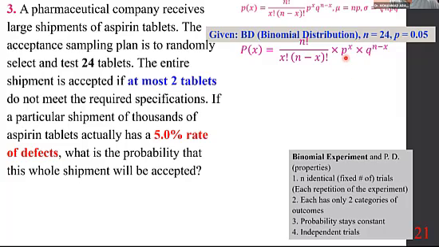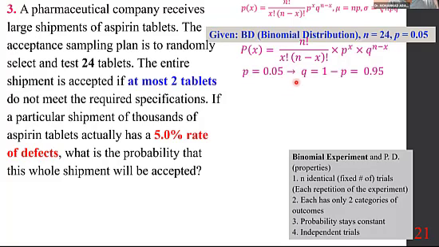And to do that, in general, we also have a Q, which is 1 minus P. So P is 0.05. Q is 1 minus that, 0.95. So as long as P is known, Q can be calculated. So they don't have to give us Q.